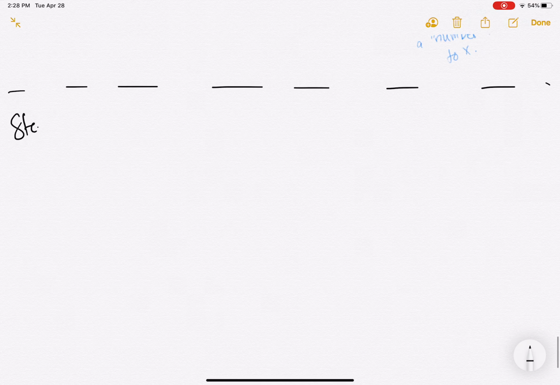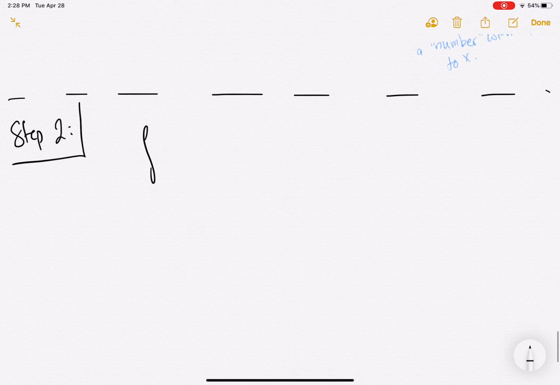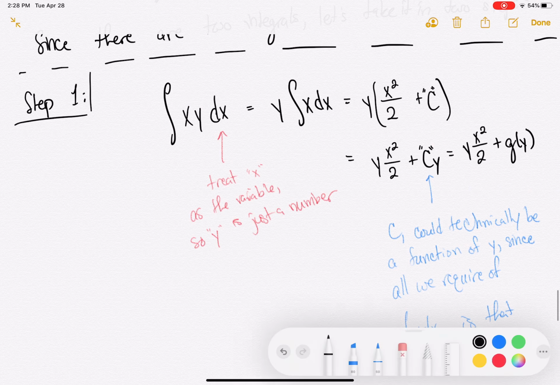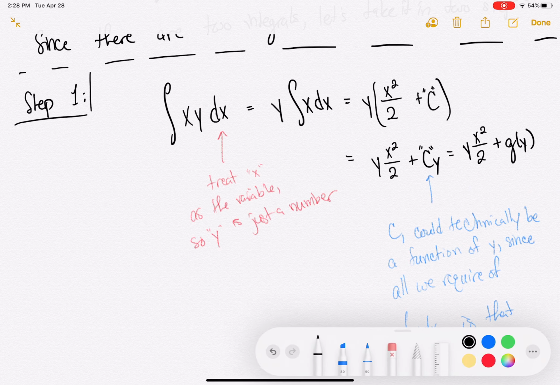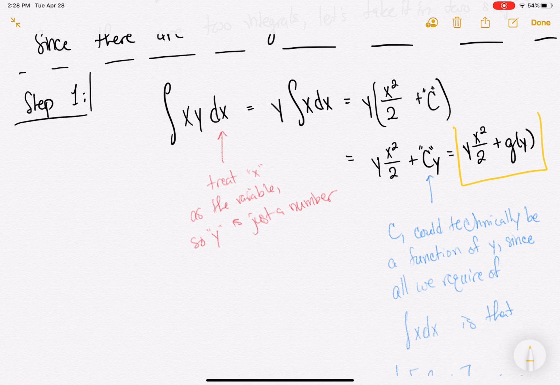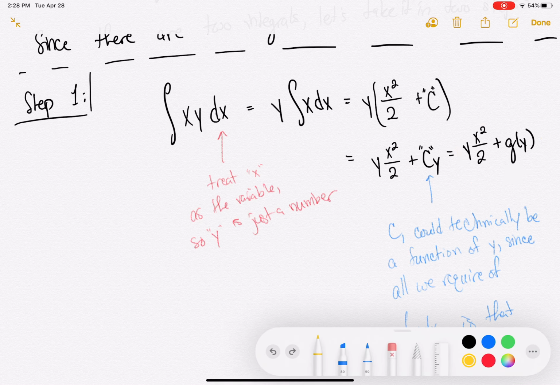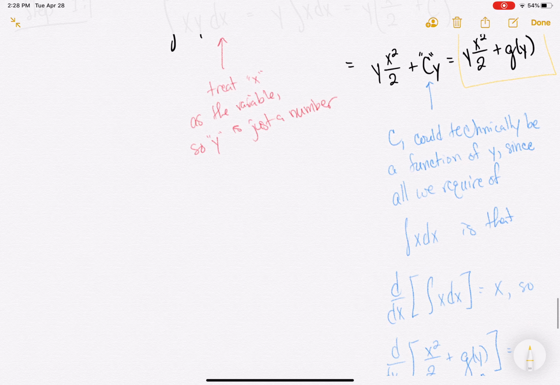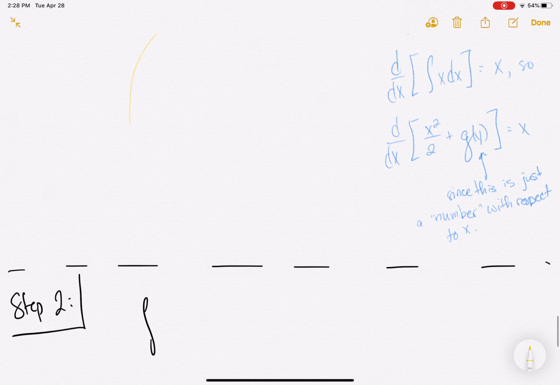Step 2 is the second integral. If I'm integrating my answer, I'm going to integrate my answer. Circle this in yellow. I wanted yellow crayon. This piece, I'm going to bring it down here.